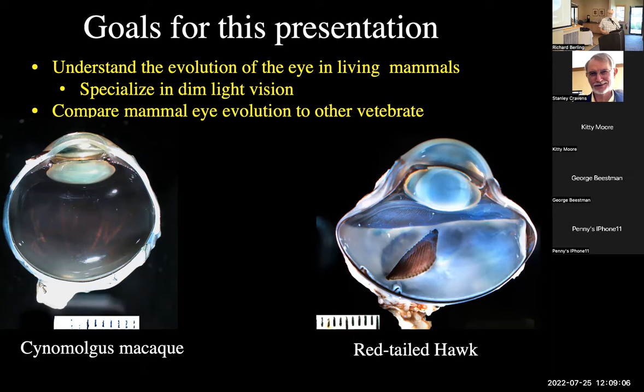Again, both of these eyes are adapted for a high degree of visual acuity in daylight circumstances. So the primate is kind of the exception among mammals. It has eyes that are adapted to maximize visual acuity during the daytime.